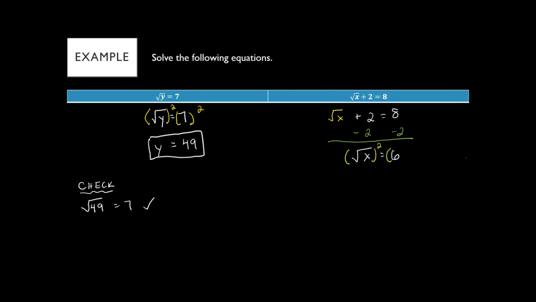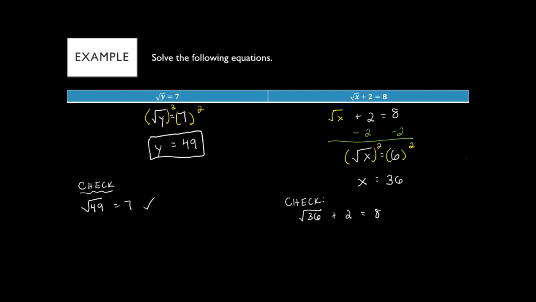So we're going to square the left and the right. And so the square root and the square cancel, and you're left with x. And then 6 squared is 36. And then you want to check your answer in the original problem. So we had the square root of x, and we're saying x is 36, plus 2 equals 8.